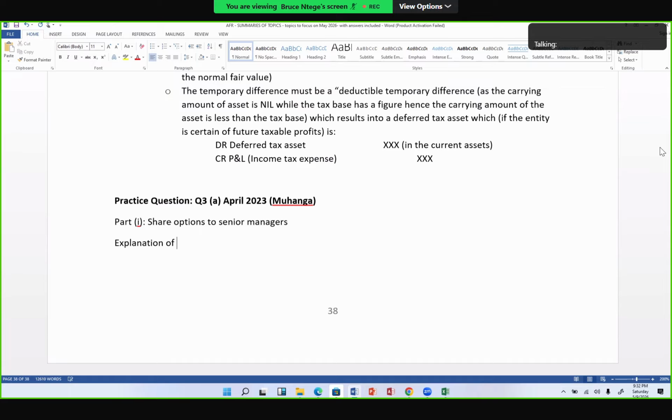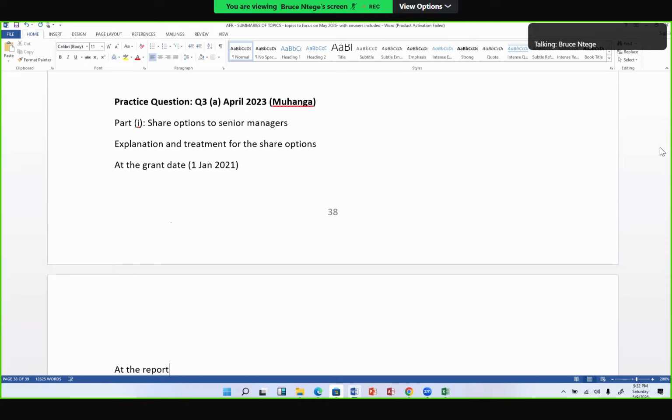Our grant date is 1st January 2021. Also at the reporting date, I'll come and also talk about the accounting treatment. Our reporting date is 31st December 2021. So let me start explaining what will happen at the grant date.